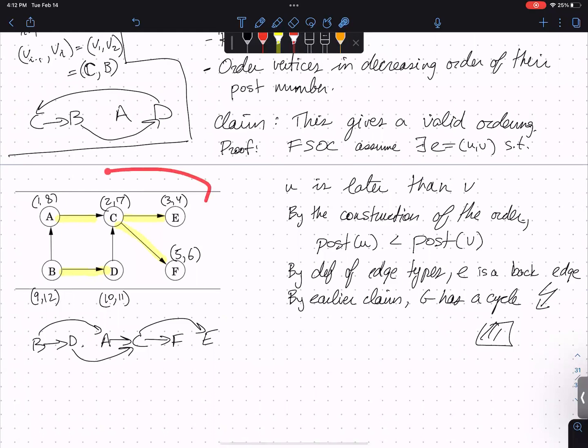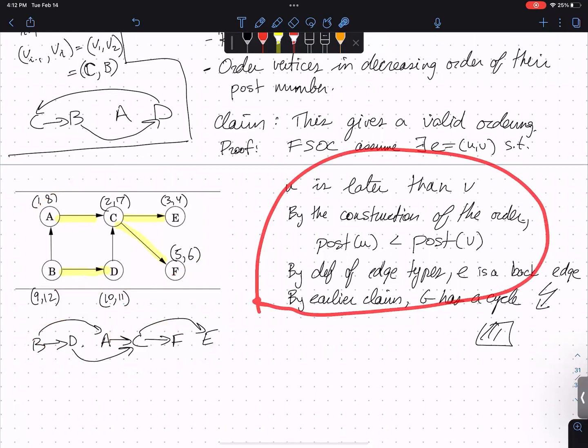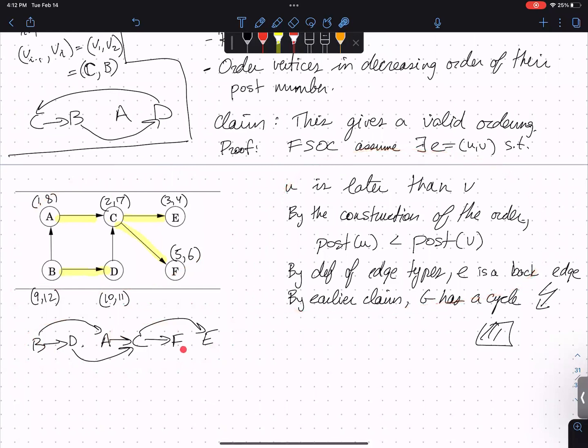Well, you mean this graph? Yeah, so this graph doesn't have a cycle. So this ordering doesn't have any edge from right to left. This is a proof by contradiction. So it's saying that if you had some back edge, so we can do this actually.